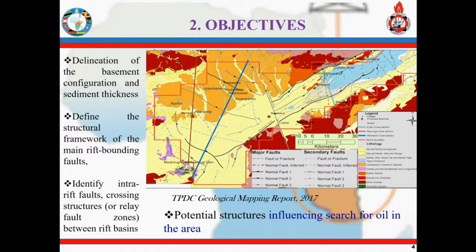Therefore, we are supposed to do some work so that we can at least know the thickness of sediment, the delineation of the basement configuration, but also define the structural framework of the main bounding fault and identify intrabasinal faults, crossing, relay, and other structures within the basin. Also, we want to know the potential structures influencing the search for oil in the area.